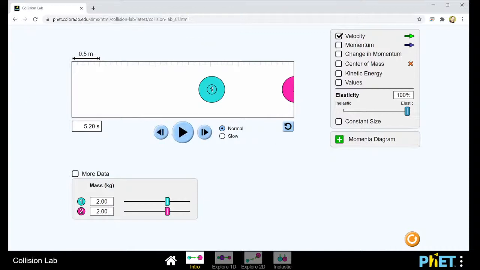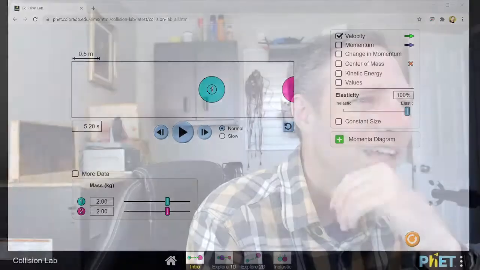Does this remind you of any situation that you might have encountered in your lives? Maybe a game that some of you have played. It involves round spherical objects and lots of collisions.